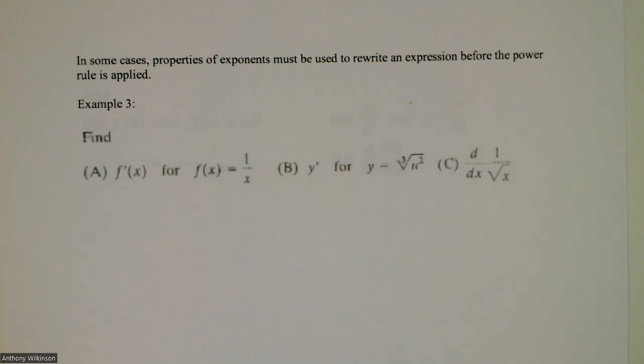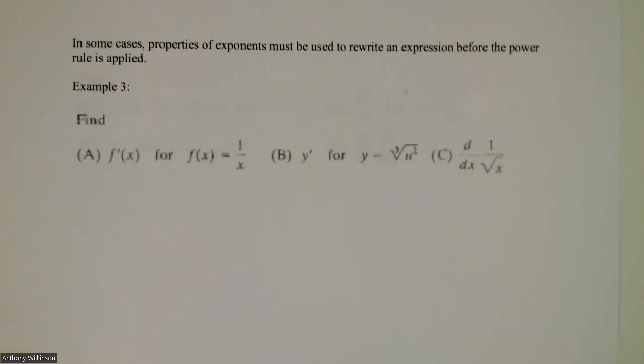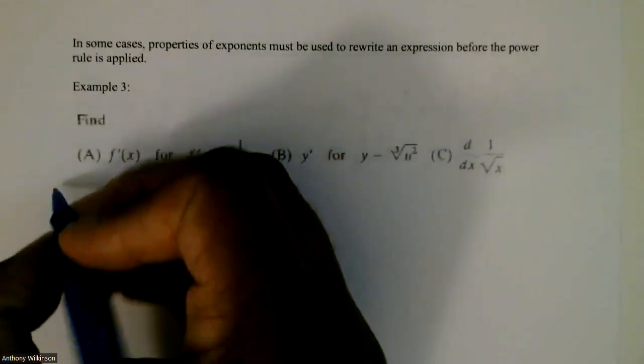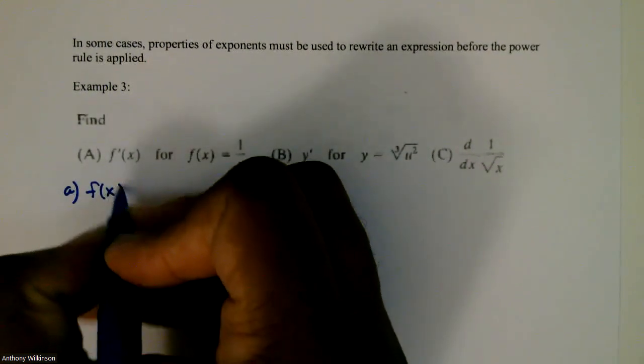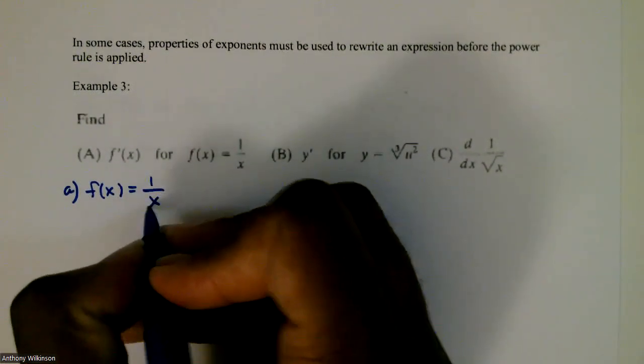Okay. And in some cases, properties of exponents must be used to rewrite an expression before the power rule can be applied. Like in this one, we want to find f prime of x for f of x equals 1 over x. So this is part A. So I'll write down f of x is equal to 1 over x.